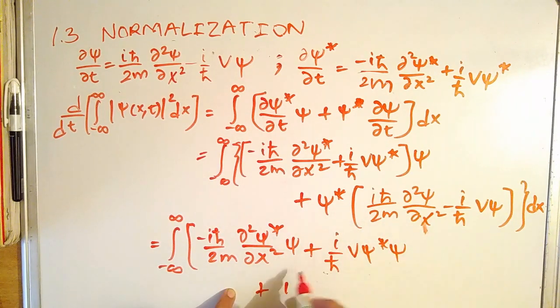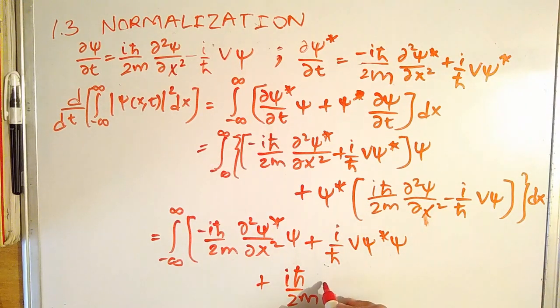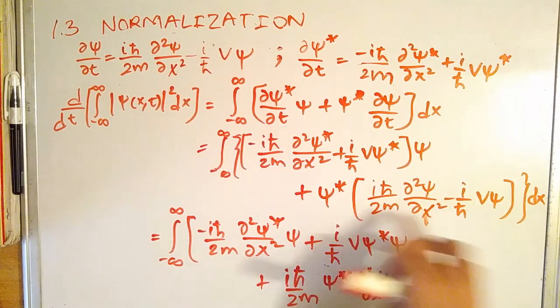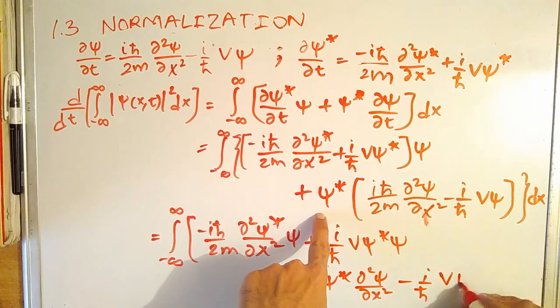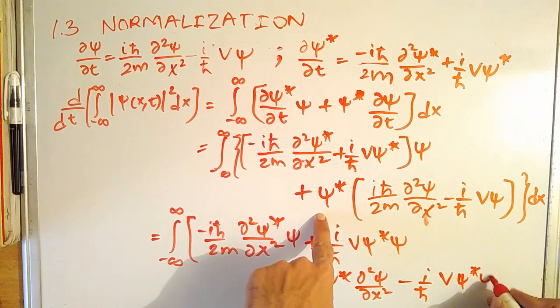First we will take the constant out, so iħ by 2m psi star dou square psi by dou x square, minus the constant out, i by ħ V psi star psi, dx.